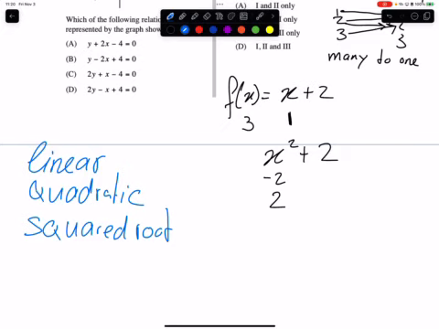You know, linear is 1 to 1. Yes? Quadratic is many to 1. Yeah, that's many to 1. Square root is 1 to many.